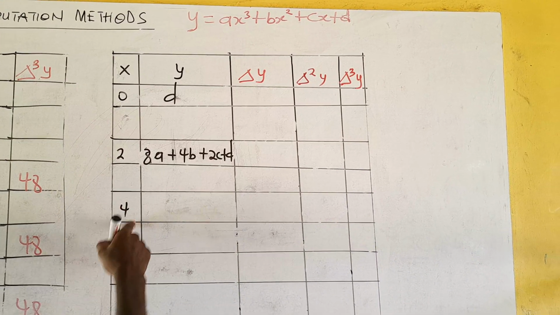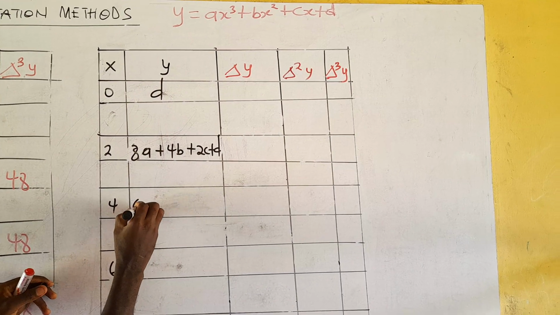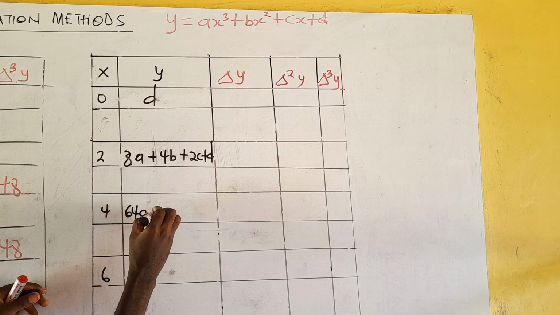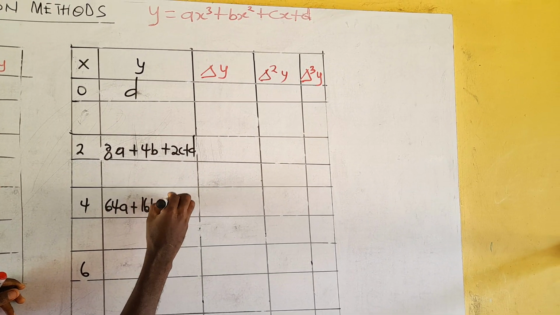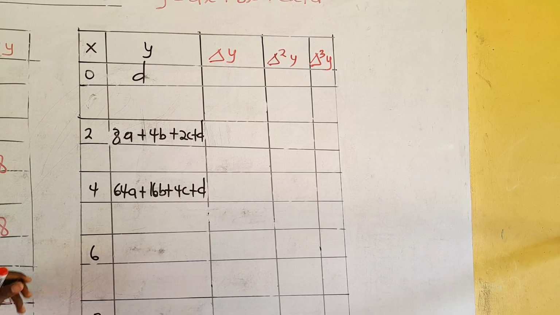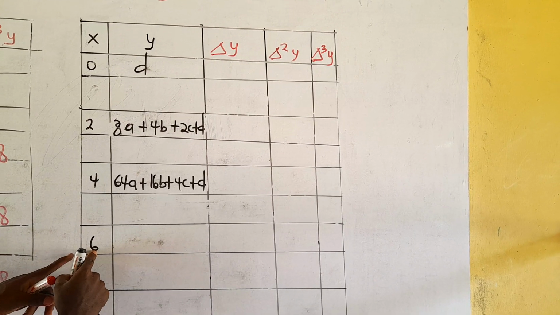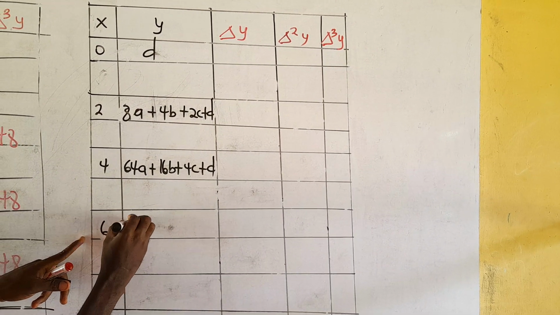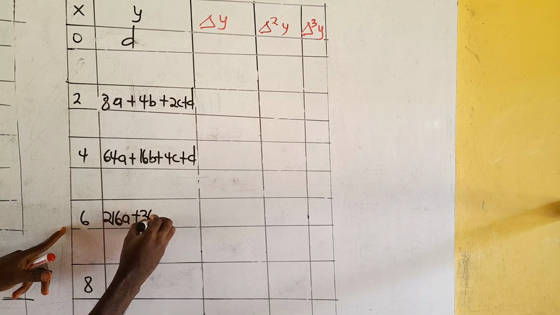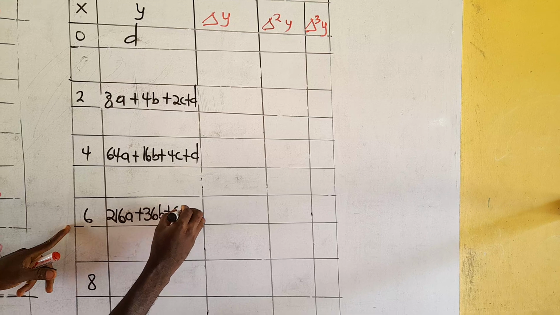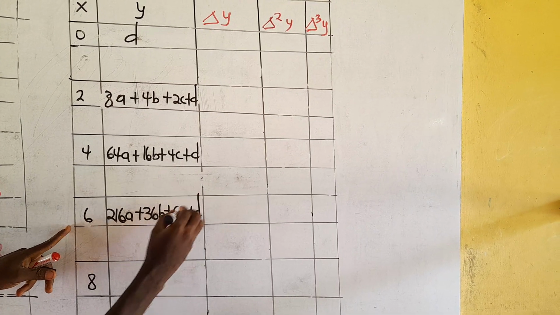Now we substitute 4. 4 cubed is 64, so 64a. 4 squared is 16, so 16b plus 4c, then plus d. We substitute the 6. 6 cubed will be 216, so 216a. 6 squared is 36, so 36b plus 6c, then plus d.